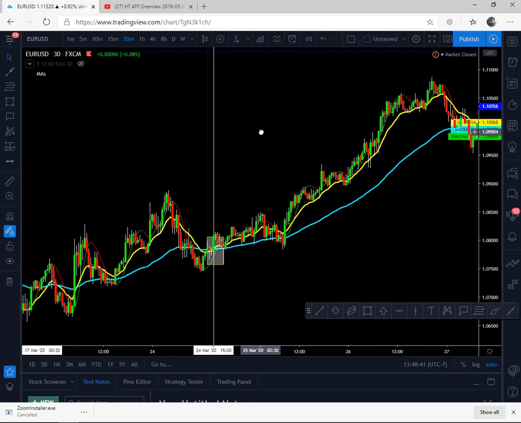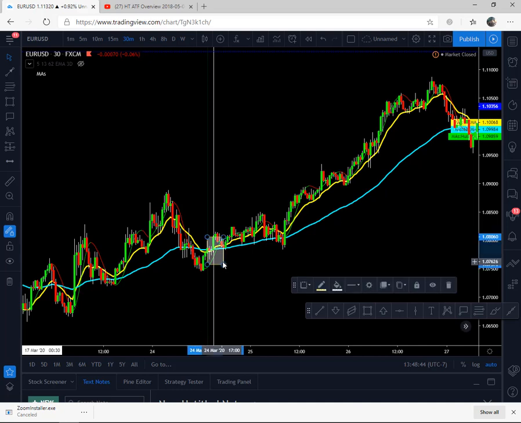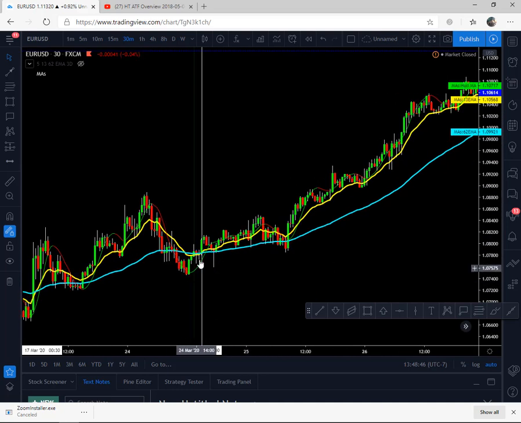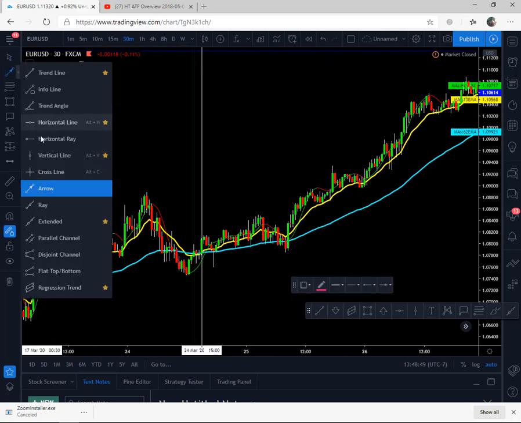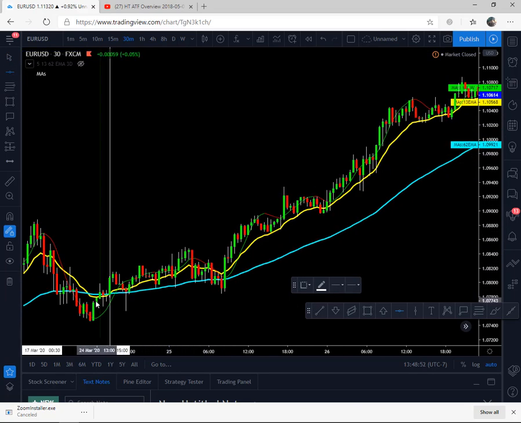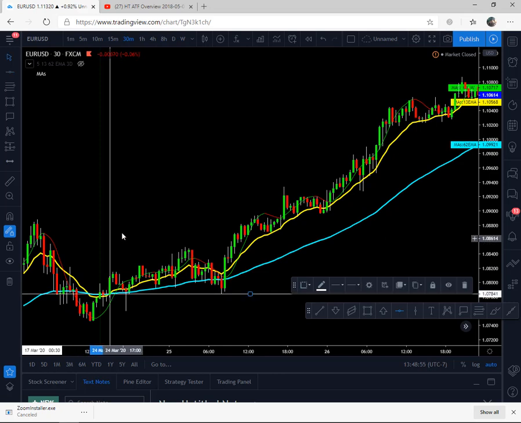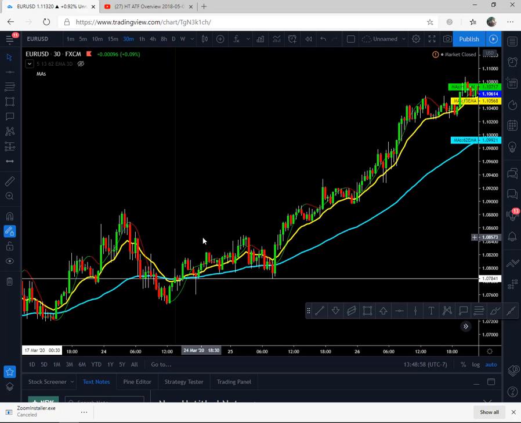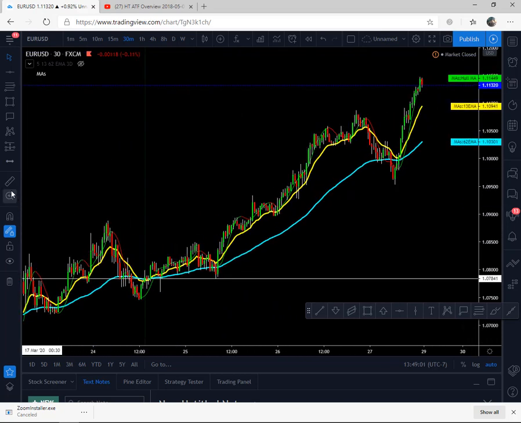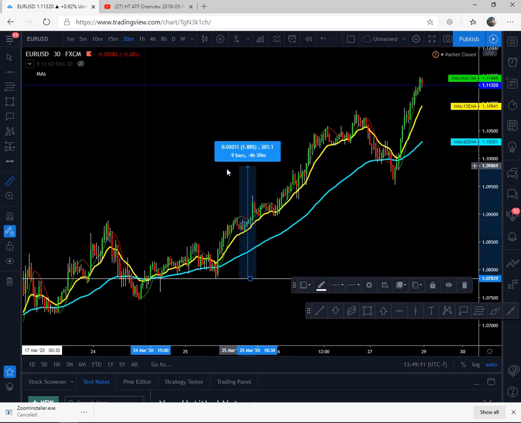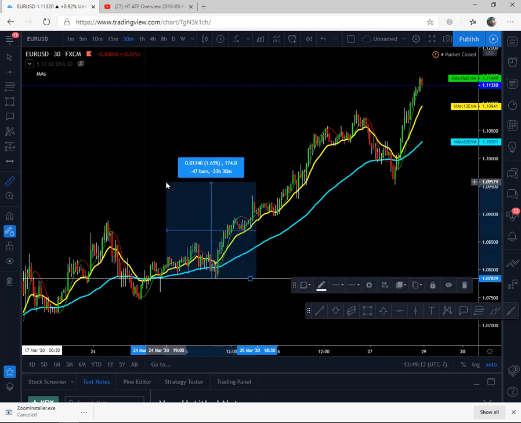So essentially, when I come into the charts, all I'm doing is identifying the 1362 cross and putting a horizontal line where that takes place. And then I use my measuring tool to measure the 144 pips because that's where I'm gonna start my initial point on that fib retracement tool.